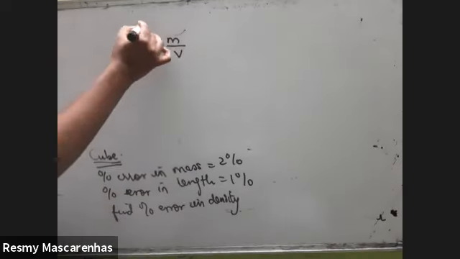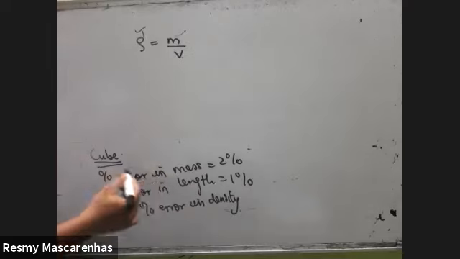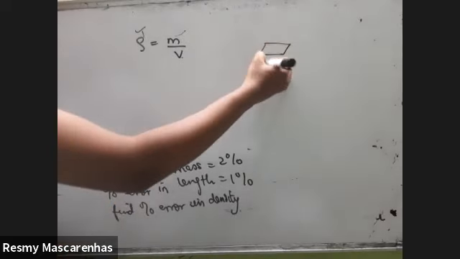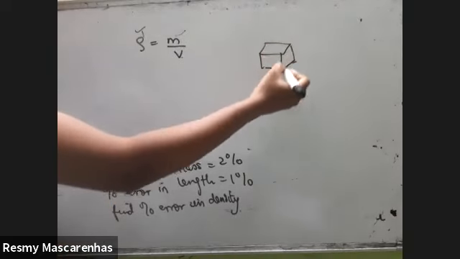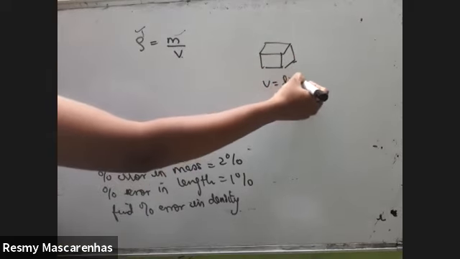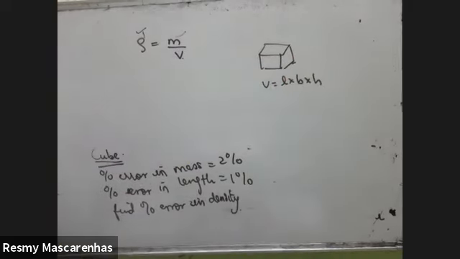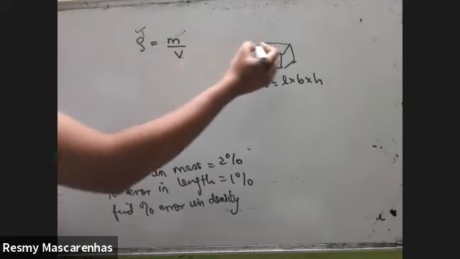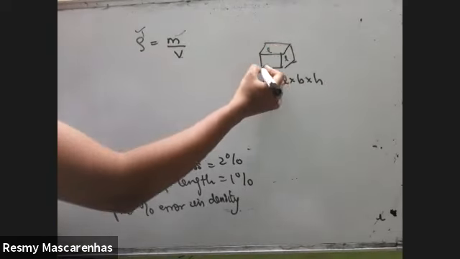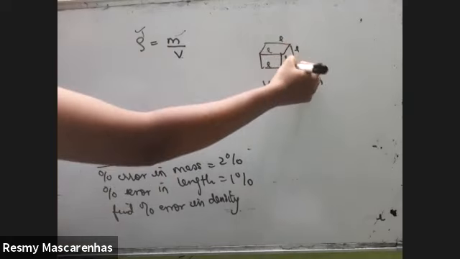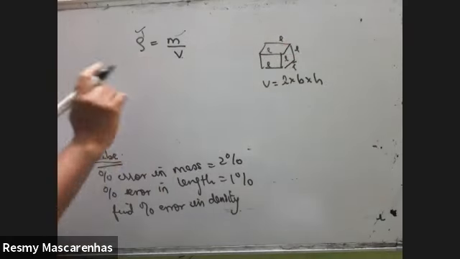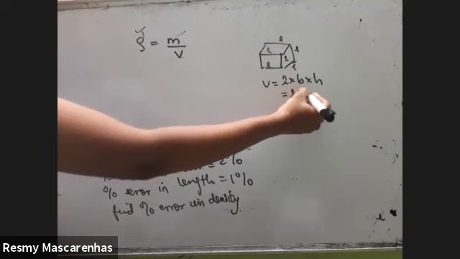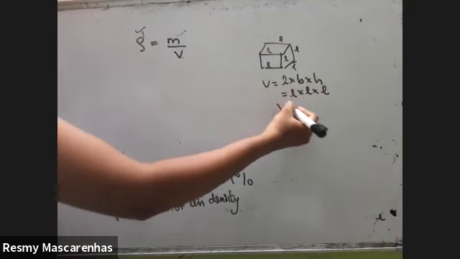Mass has been given, this is also there. This volume we'll have to check now. What has been given? A cube. Volume is always length into breadth into height of any cuboid. Cuboid means all different sides. But for a cube, everything is L only. Height also, breadth also, length also, because all the sides are equal. So it will be length into length into length.